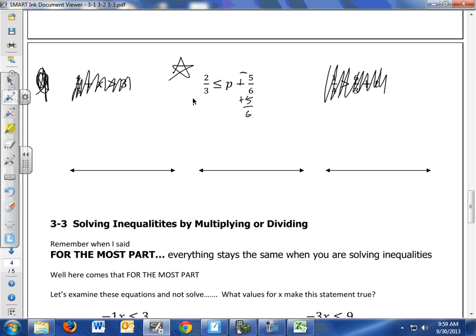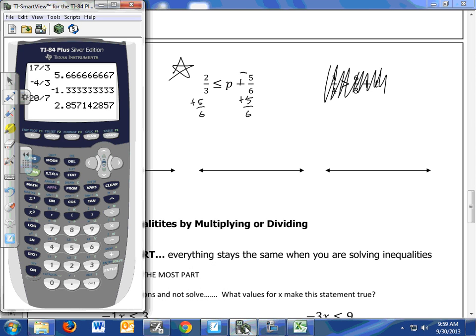Add 5/6 to both sides. To add fractions in my calculator, knowing that 2/3 is like a division problem, 2/3 is like 2 divided by 3. 2/3 I can type in like that. I add 5/6.